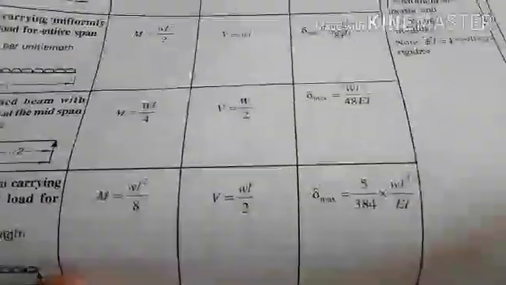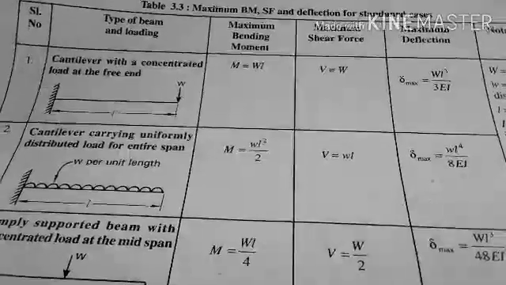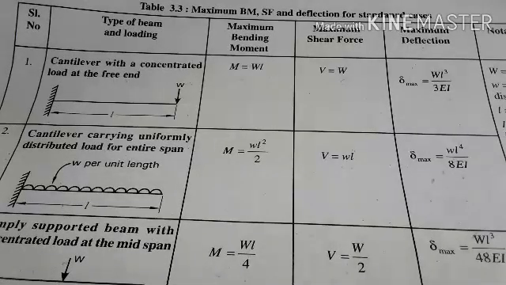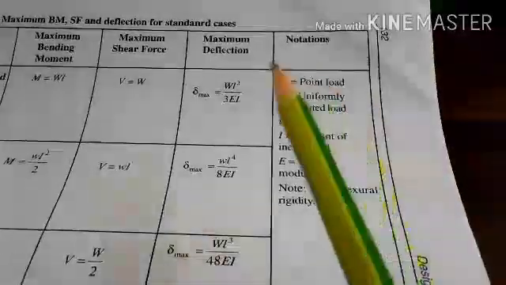So you have to remember the different cases, which you have studied in structural analysis or strength of materials: how to get the bending moment for a simply supported beam or a cantilever beam subjected to a concentrated load or a UDL, as well as the shear force and the maximum deflection.